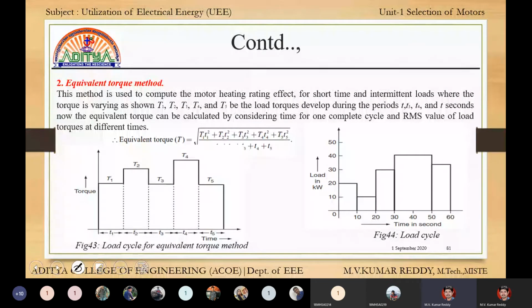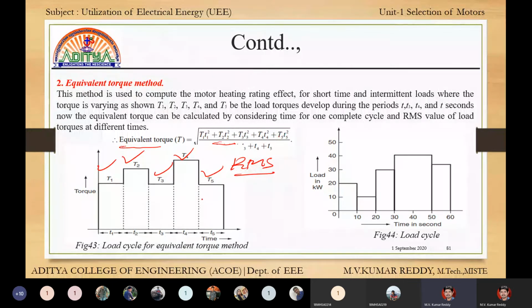Next, equivalent torque method. For the equivalent torque method the formula is the same. Here the torques are T1, T2, T3, T4, T5, and the same RMS value applies: capital T1 square into small t1 plus capital T2 square into t2 plus capital T3 square into t3 and so on.